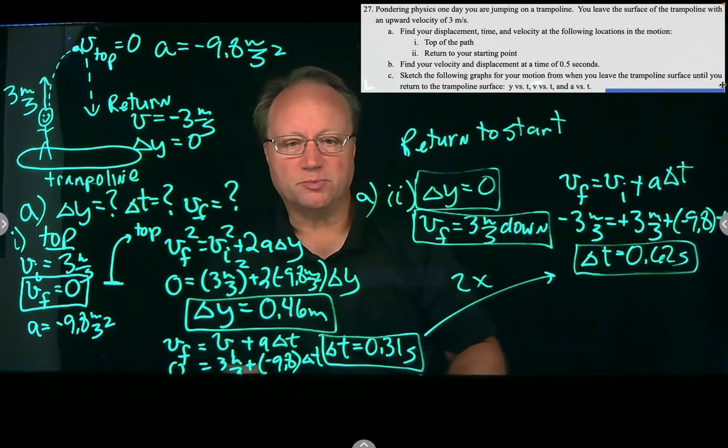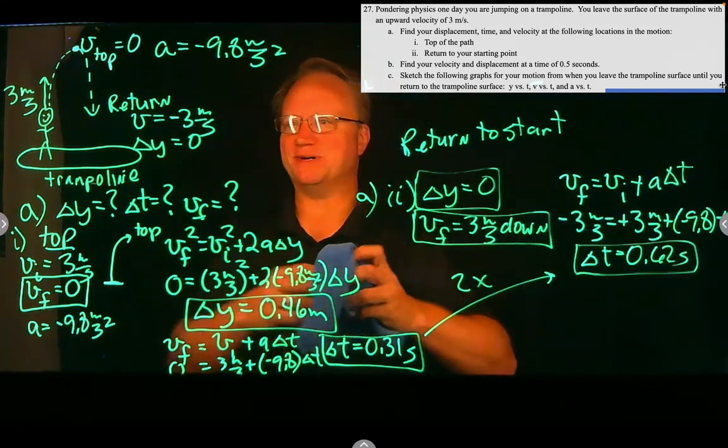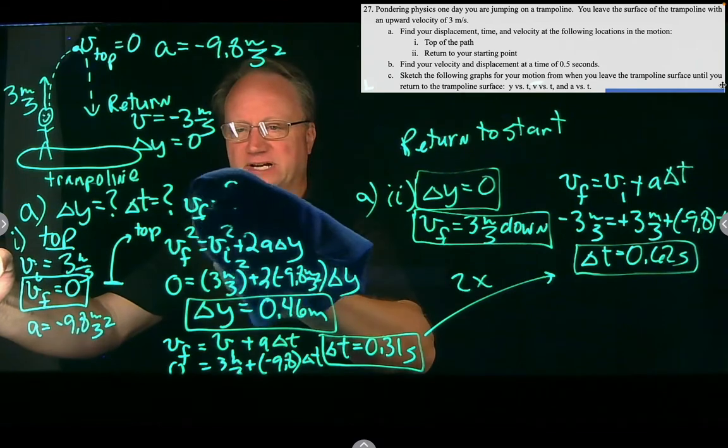Okay. Now, part B. Find the velocity and the displacement at a time of 0.5 seconds. Filling up my screen here, I'm going to need to erase some. So I'm going to leave our original diagram.